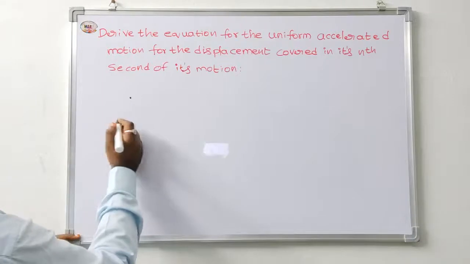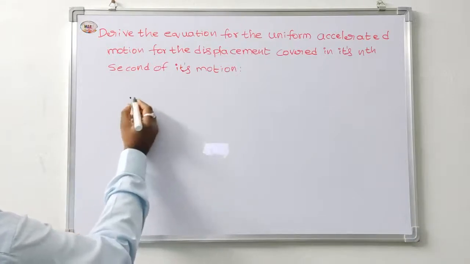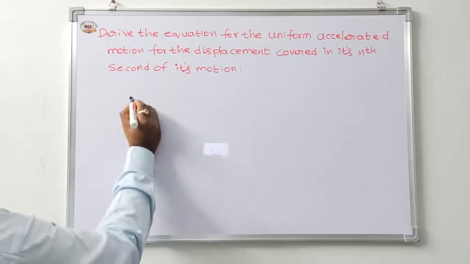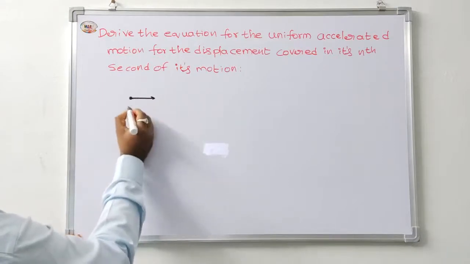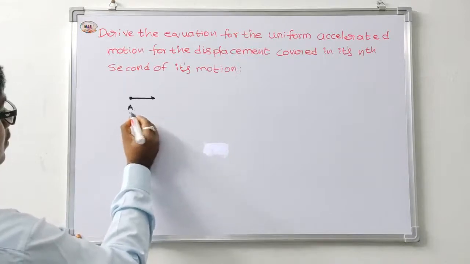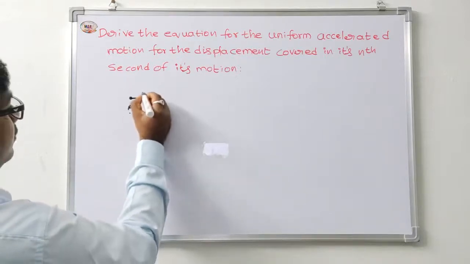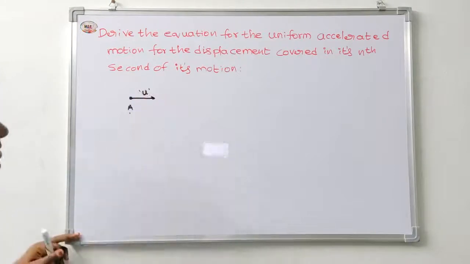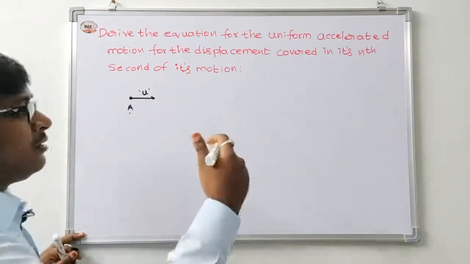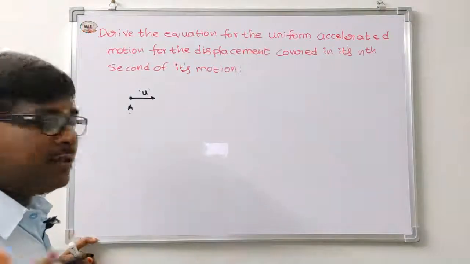So let us consider this object, which is moving, starting from A with initial velocity u. After some time it becomes the final velocity.